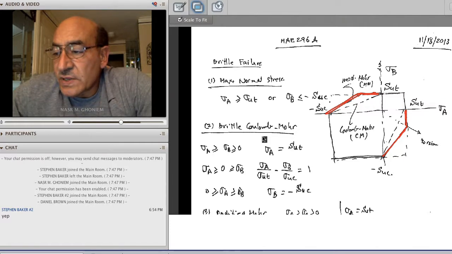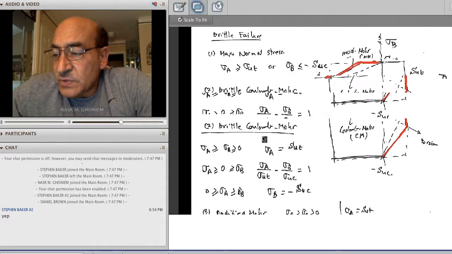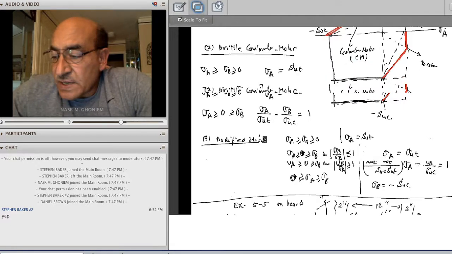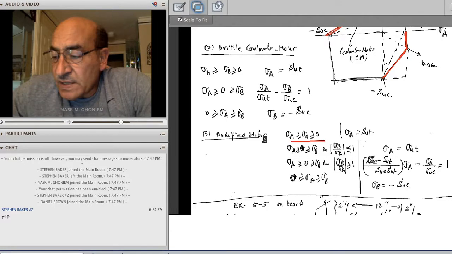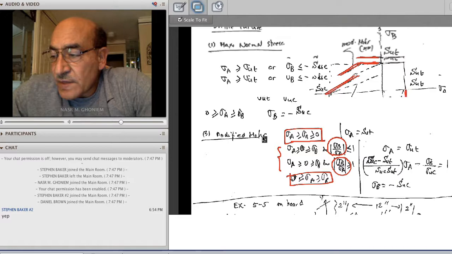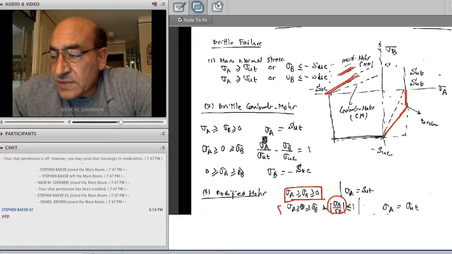We just extend it out, and therefore it turns out to be a little bit more involved, because in this case the regimes are the same. The first and third regimes are the same as we learned before, but the second regime splits into two parts. One depends on whether sigma B is less than sigma A or sigma B is greater than sigma A, because that determines whether your point is here or right there.